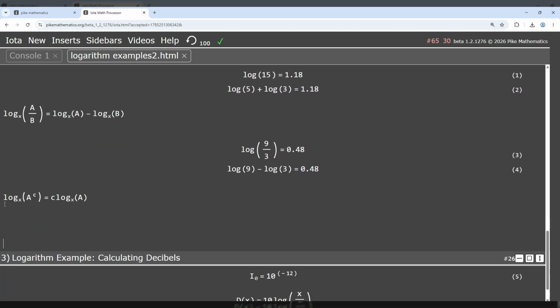And this third property, I find this one probably the most useful. It's saying that the logarithm of a to the c is equal to c times the logarithm of a. Let's try an example. What if we have the log of 2 to the 5th?